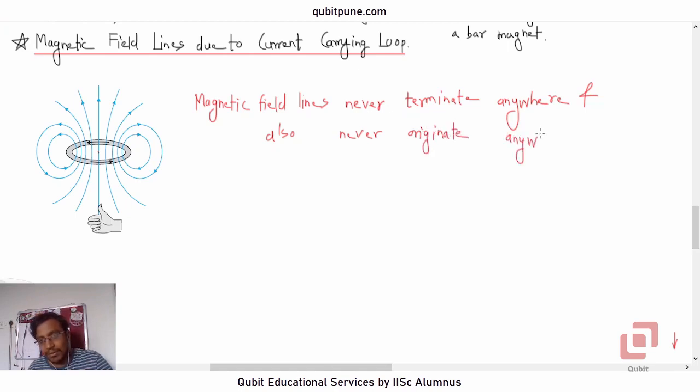This is an important distinction between magnetic field lines and electric field lines, because electric field lines always originate at positive point charges and always terminate at negative point charges, you know that. But that's not the case with magnetic field lines. Either they will be closed loops like this, or they will be straight lines.